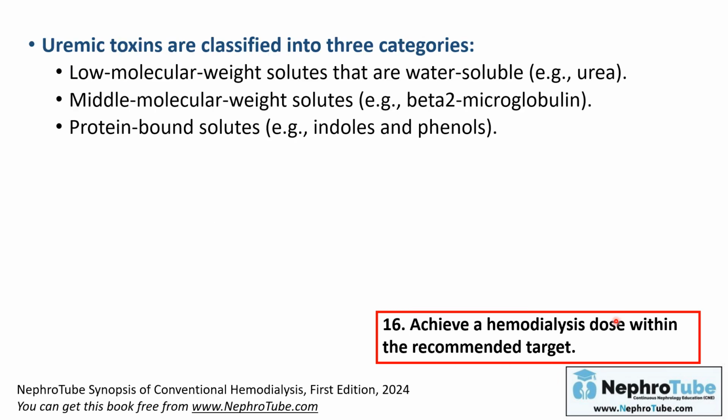How to measure the hemodialysis dose? Actually, it depends on the uremic toxins removal. If the dialysis removed a lot of the uremic toxins, the dose of hemodialysis is good, and vice versa. The uremic toxins are classified into three categories: low molecular weight as urea, middle molecular weight as beta-2 microglobulin, and the protein-bound uremic toxins as indoles and phenols.